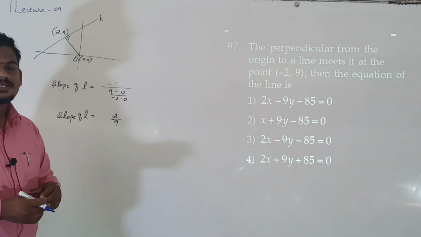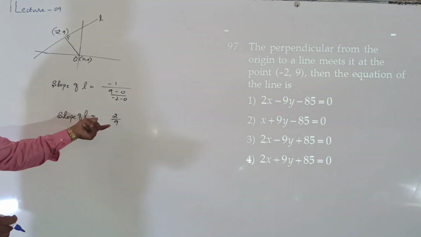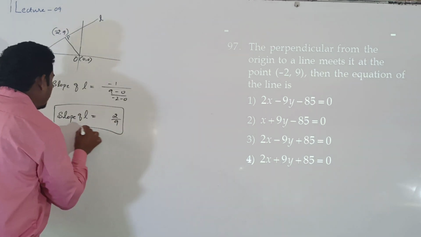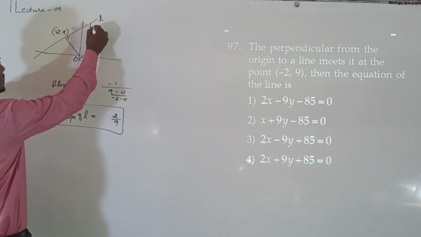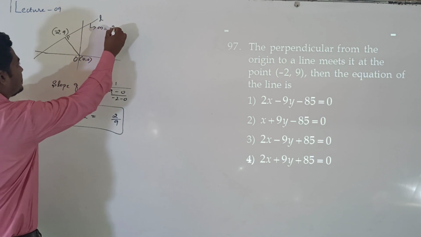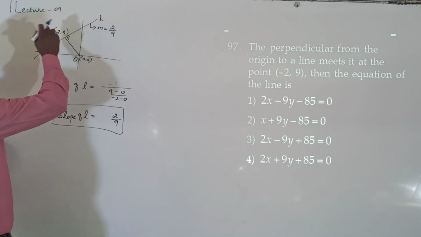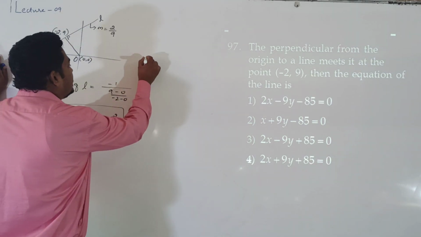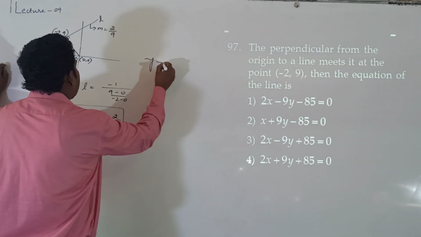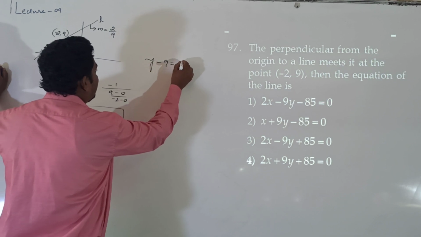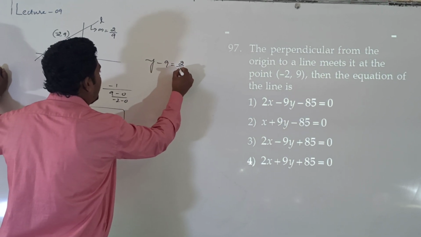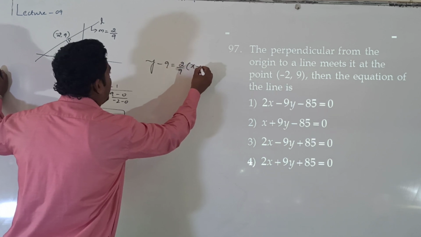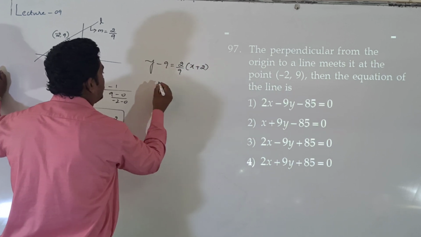The negative sign gets cancelled, the denominator becomes the numerator, that is 2 divided by 9. Now slope m is equal to 2 divided by 9 and one of the points on L is given. Just use the slope-point formula: the required equation is y minus y1 is equal to m, where m is 2 divided by 9, times x minus x1, and minus of minus is plus.